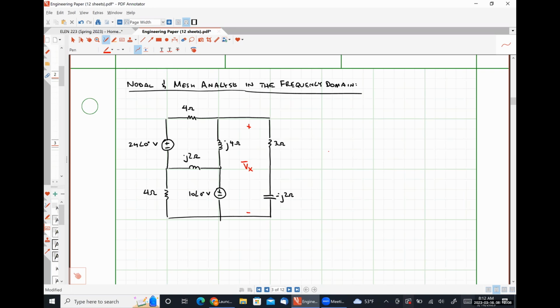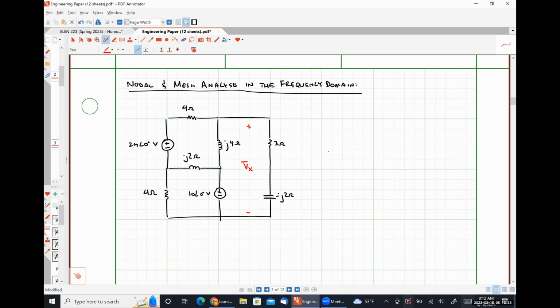We might be able to figure out a way to analyze the circuit using superposition. But if we're going to analyze the circuit twice, let's just analyze it once and then use the computer to get us through the hard part. Because I'm trying to find a voltage here, I am going to use nodal analysis to solve this circuit.